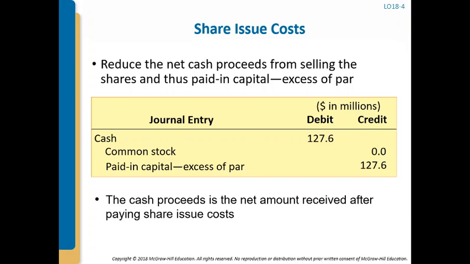There we go. 136.1 million. And so they have these costs, and so they receive net proceeds of 127.6 million. And so that's underwriting costs. And so they're going to book the 127.6 as cash, and whatever is left over is going to be paid in capital in excess of par.